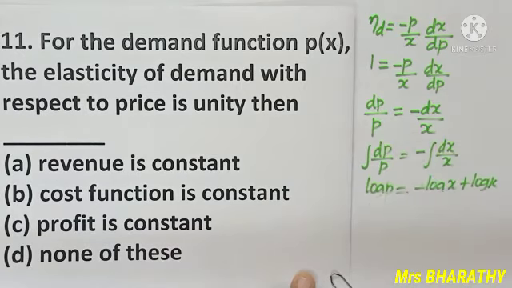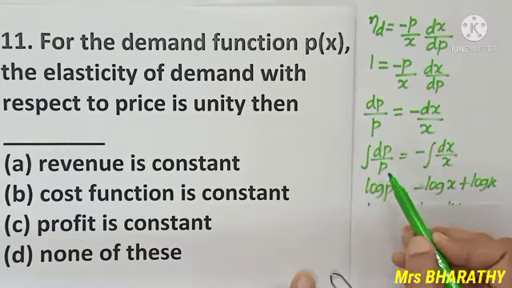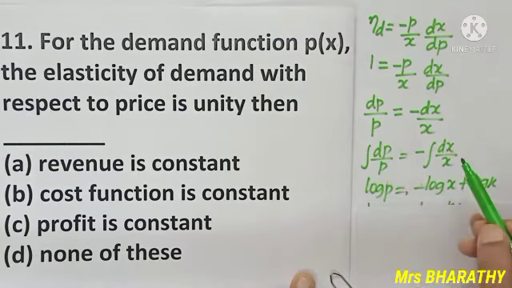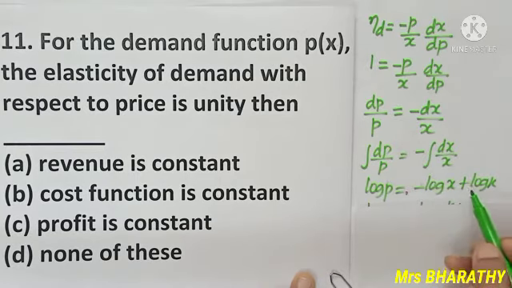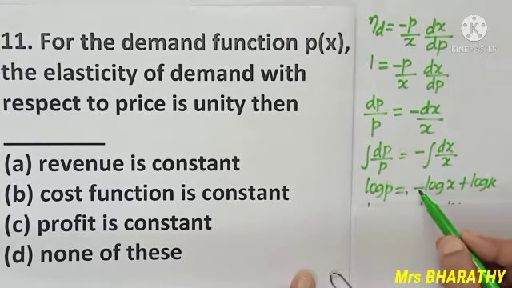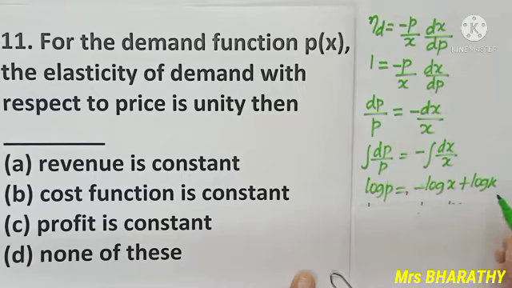As we integrate, dp by p is log p, dx by x is log x. Let us introduce a constant also as log k. And we remember in logarithm, there are two terms, one with plus, one with minus. Plus term will come in the numerator, minus term will come in the denominator. So k in the numerator, x in the denominator, we get log of k by x.